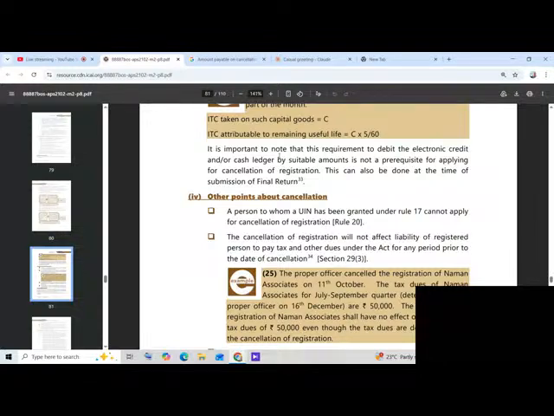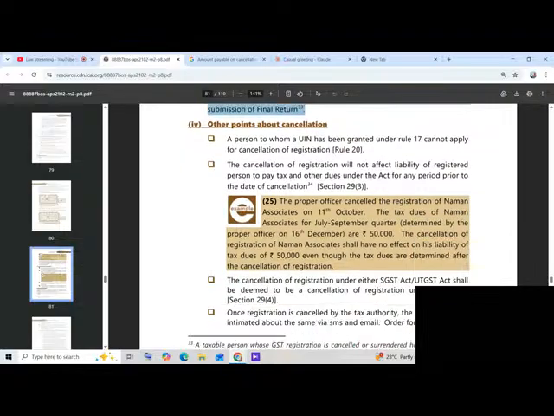Also note that another important point here is that debit of electronic or cash ledger by suitable amounts is not a prerequisite for applying for cancellation of registration. It can also be done at the time of submission of final return.